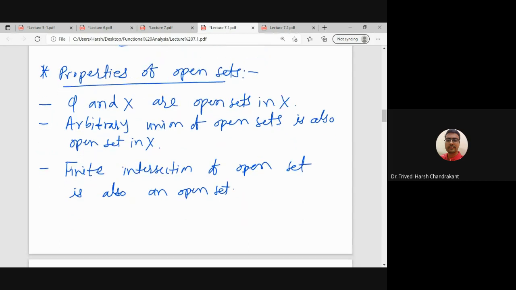So if we know a metric space, then we know what the open sets in that metric space are, because using the metric we can find the open balls, and we can find open sets. So what is an open set? An open set is basically an arbitrary union of balls.